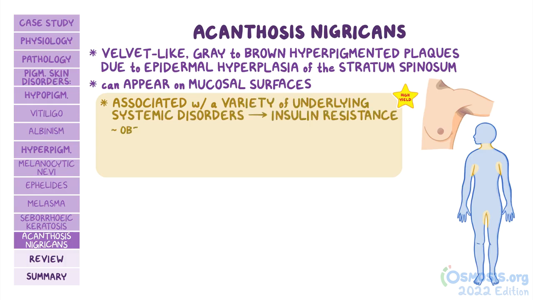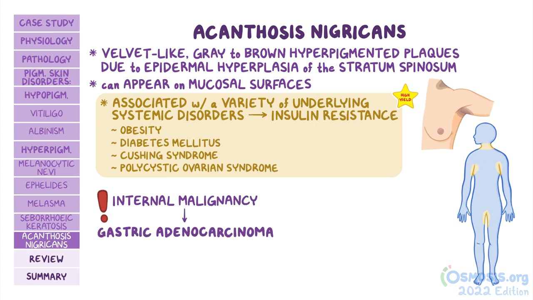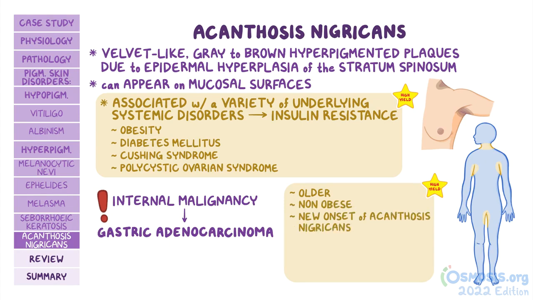These include obesity, diabetes mellitus, Cushing syndrome, and polycystic ovarian syndrome. In rare cases, it can be associated with internal malignancy, especially gastric adenocarcinoma. So if a test question describes an older, non-obese individual with new-onset acanthosis nigricans, always consider the possibility of an occult malignancy.